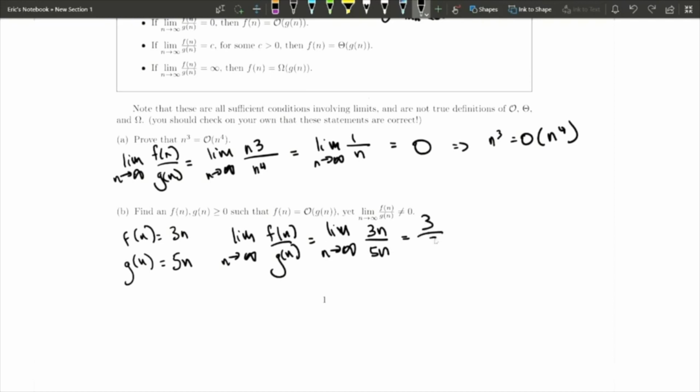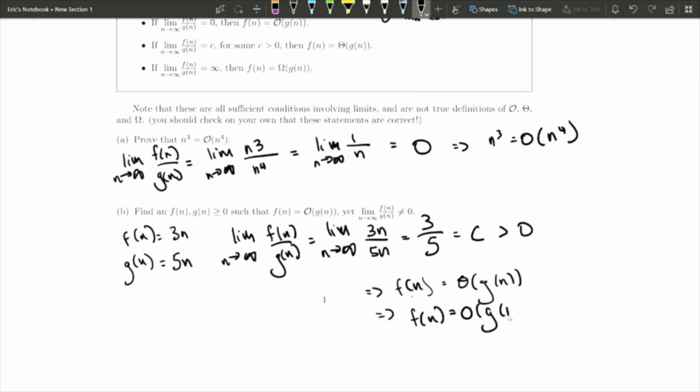It's just 3 over 5, which is equal to some constant c greater than 0, which implies that f of n is theta of g of n, which also then implies that f of n is O of g of n. Awesome. So that's question 1b.